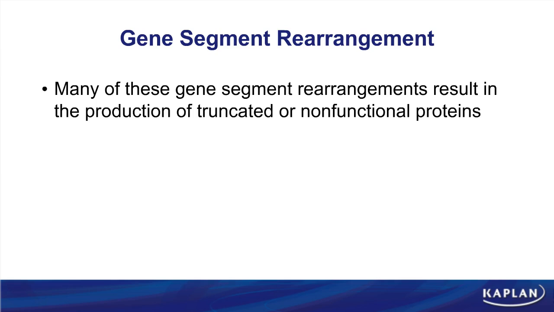So in talking about gene rearrangement, once that rearrangement occurs, and we think about all of the things that have to come together to make a functional VDJ segment, sometimes it doesn't work, right? Sometimes we're having a really bad day. Sometimes it doesn't work and can result in perhaps the production of a truncated protein or maybe a non-functional protein.